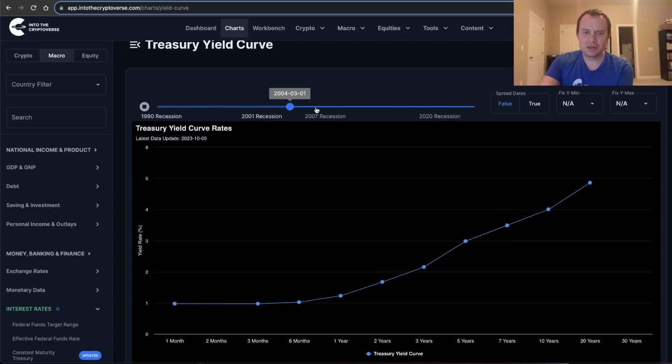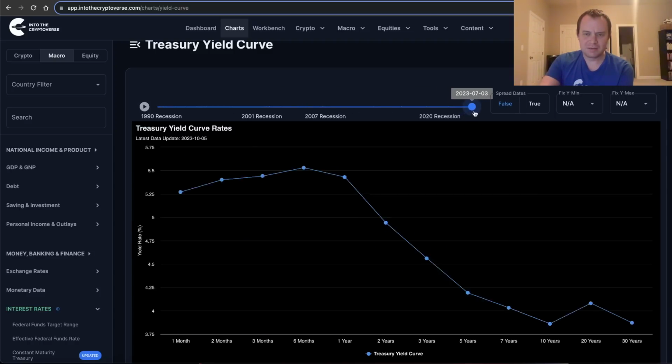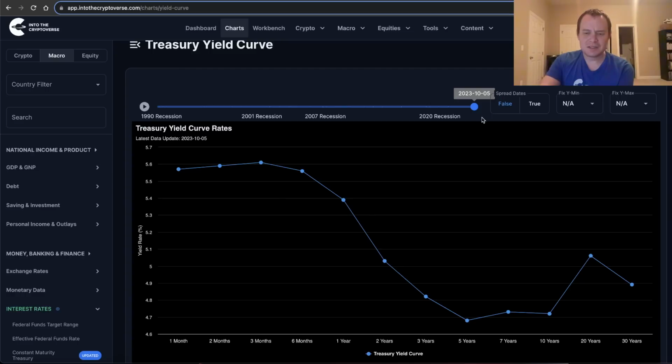So the reason why we talk about the yield curve is because historically it is often a predictor of recessions, right? It has a fairly good track record. Maybe not perfect, but a fairly good track record.